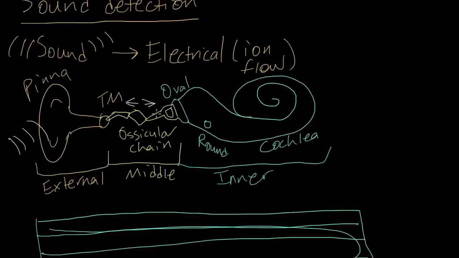And this is important because the sound wave is traveling in air, but ion flows occur in a fluid. So we need to get the alternating pressure waves from air into fluid. And the way the ear does that is using this ossicular chain connected to the oval window.